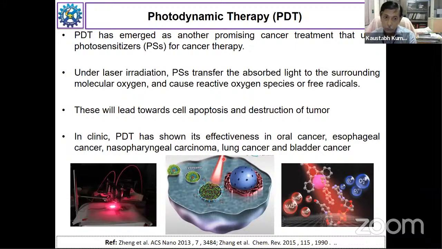So it is another phototherapy, the photodynamic therapy. These are the two therapies now slowly practiced in the clinics, and it is now a hot area of cancer research. Apart from that, we all know the conventional radiotherapy.